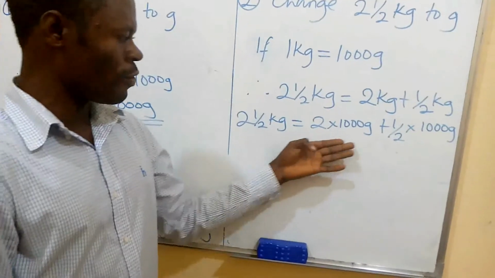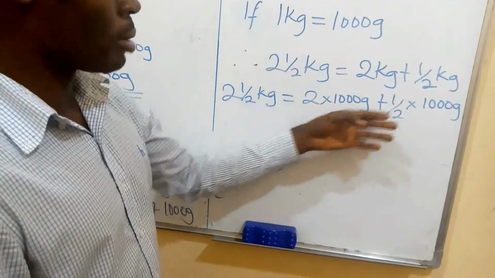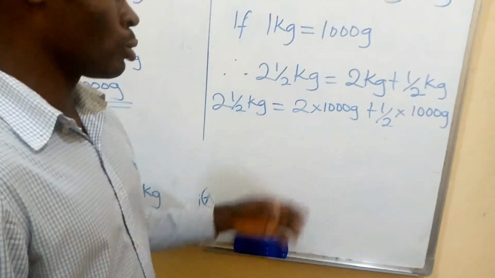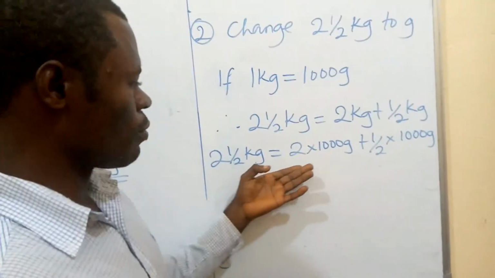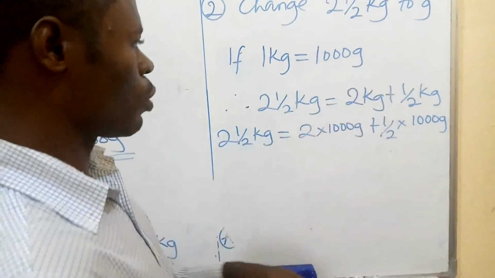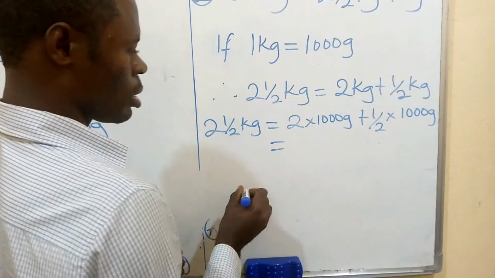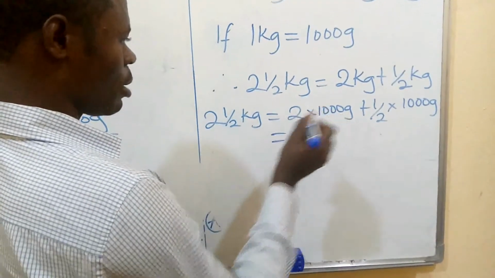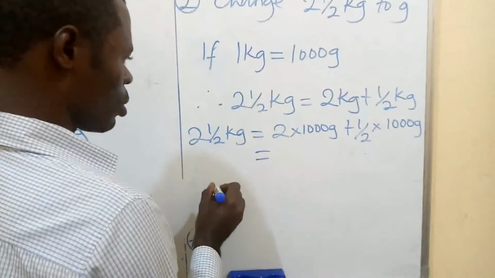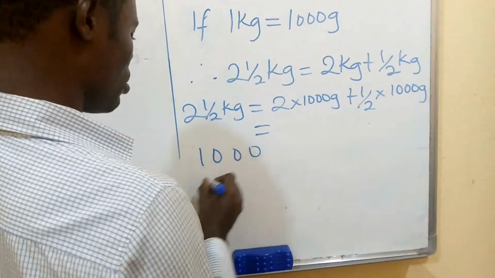Next we are going to convert 2 kilograms to grams and then half a kilogram to grams. So now to convert, we have 2 times 1,000 grams here. That is for 2 kilograms. So we are going to multiply 1,000 by 2.